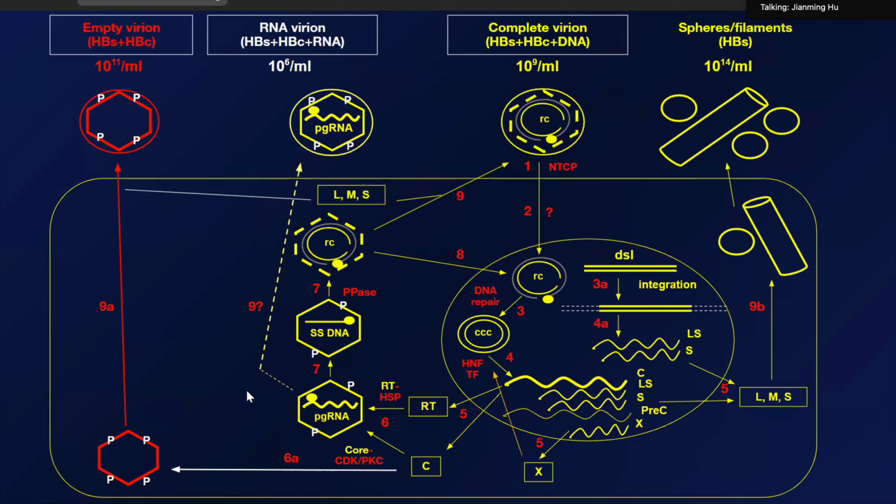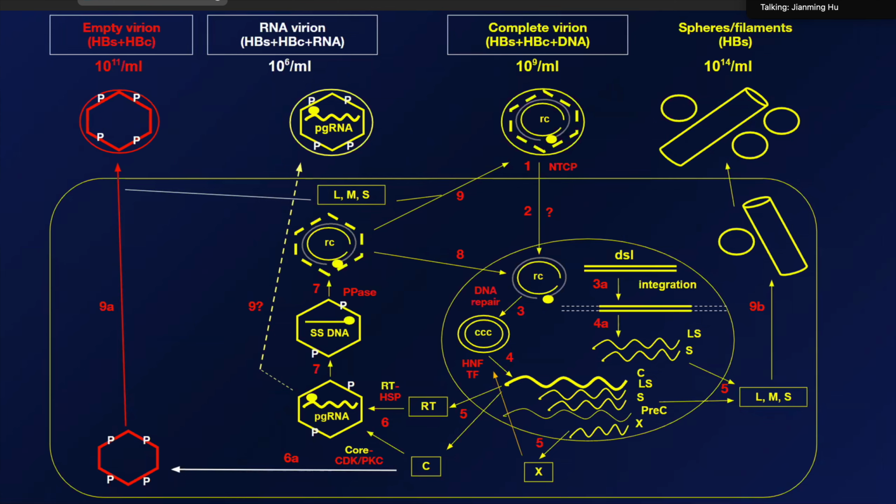And more interestingly, we found that the capsid can form an empty capsid inside cells without packaging the RNA or the reverse transcriptase. Those capsids are obviously dead end, but they can also be enveloped by the LMS protein and secreted as empty virions. Again, the empty virions have an envelope and capsid, but no genome.